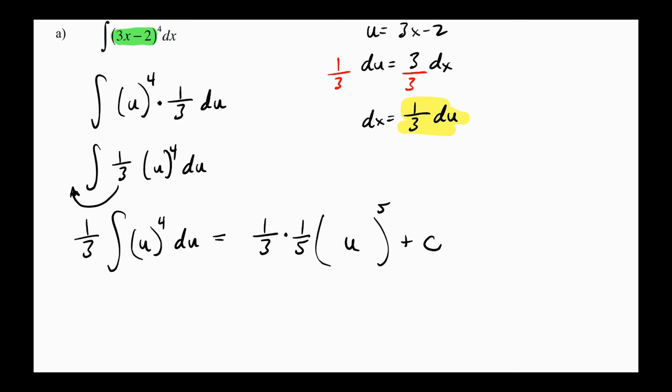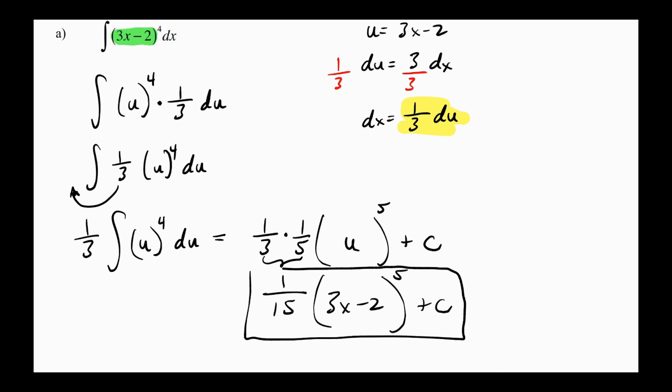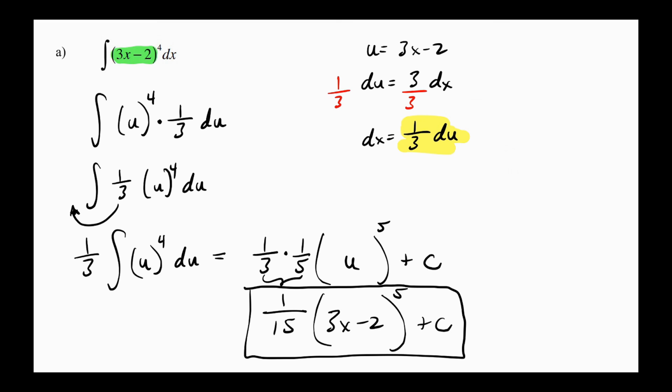Divided by 5 is the same thing as 1/5. I'm going to multiply it times the 1/3 I already have, so that makes 1/15. I'm going to put u back in, plus c. Okay, done.